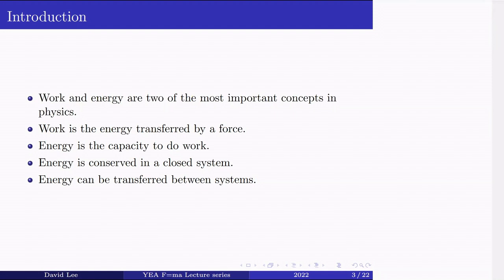What makes this useful, as you will see later on, is conservation of energy. Energy will be conserved in closed systems, and so sometimes we can use that to skip a lot of computation and get the answer quickly just by using conservation of energy.